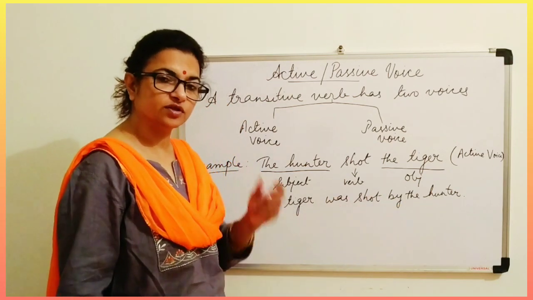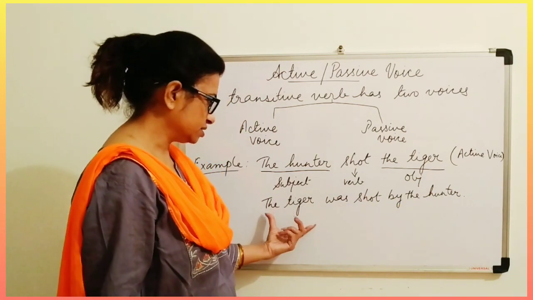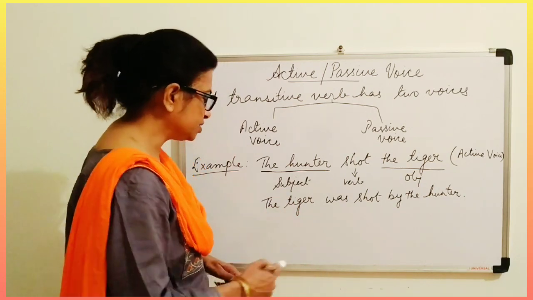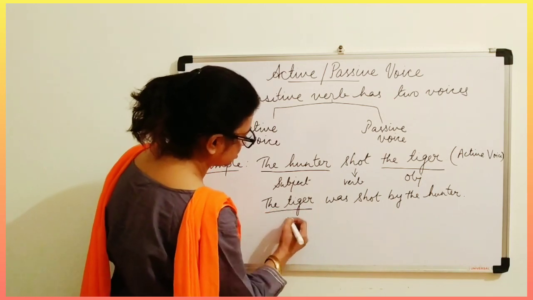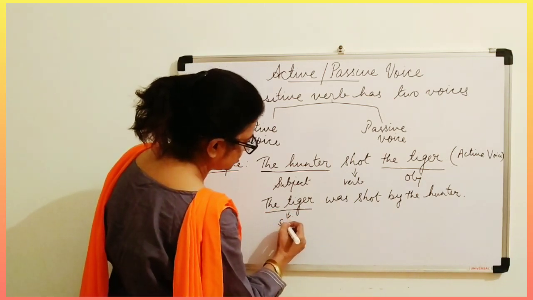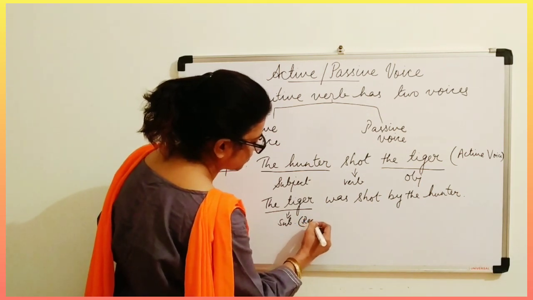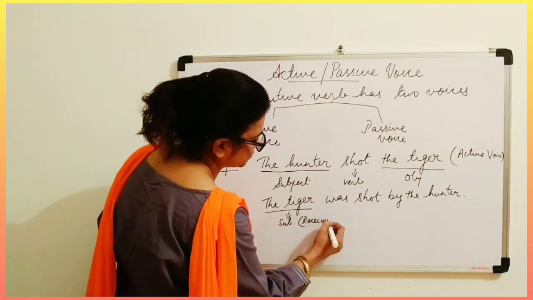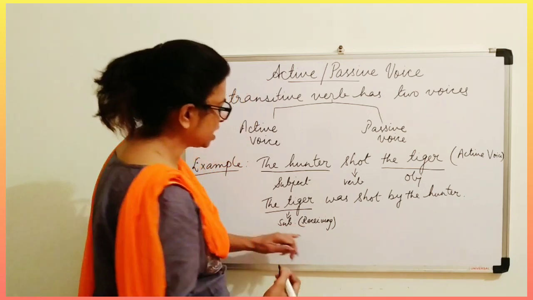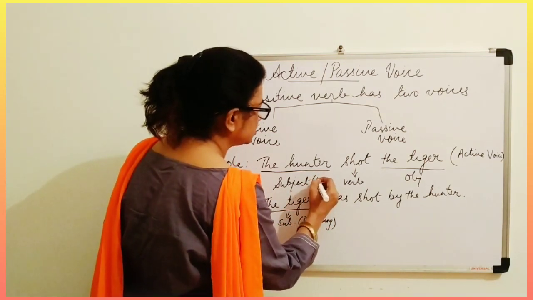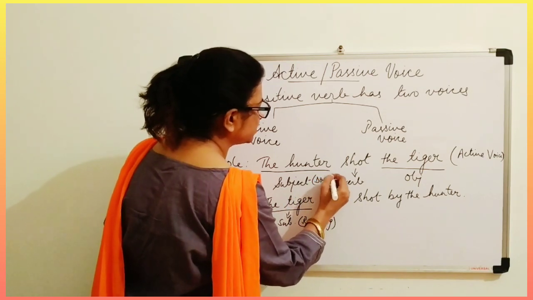Now who is the receiver of the action? The tiger. Here the tiger becomes the subject, and the subject is receiving the action, isn't it? Earlier, the subject was the doer of the action.